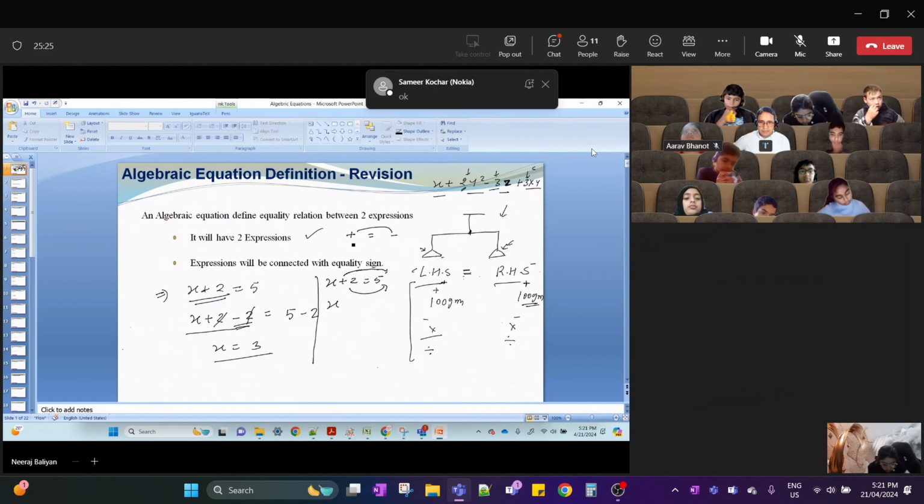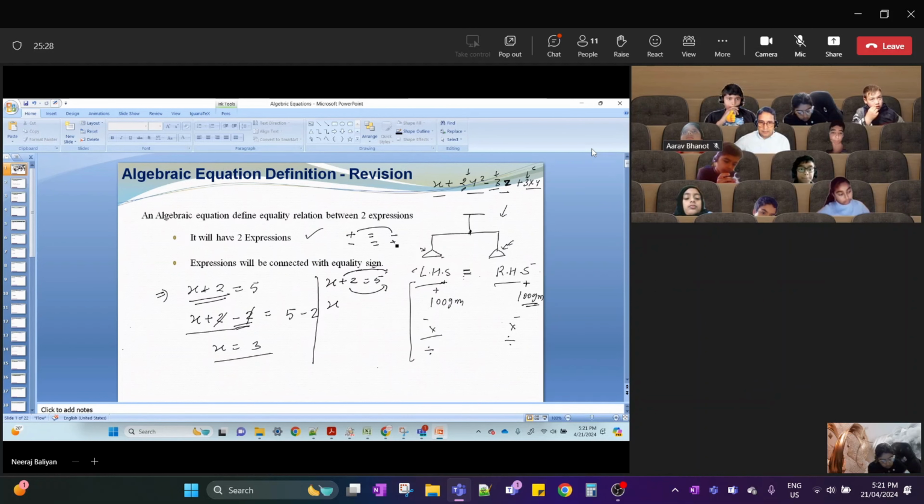A negative term will become positive. If something is in multiplication and we shift it on right hand side, then it will become division. And if something is in division, if we shift side for that, then it will go in multiplication.